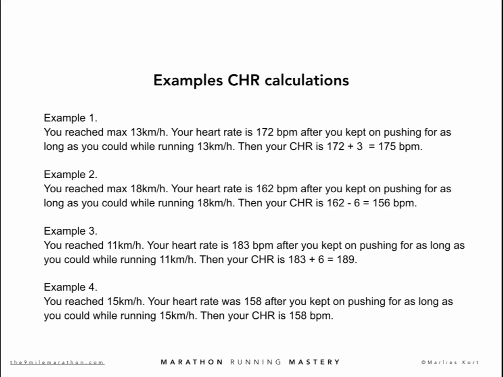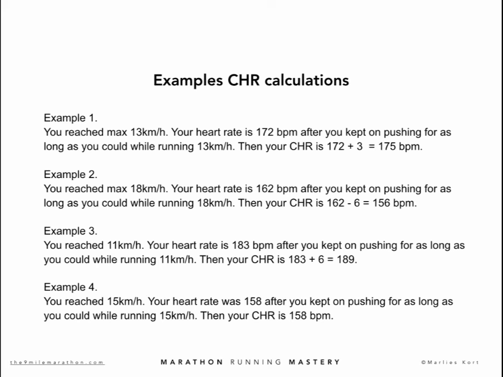Let me give you a couple of examples on how to correct your CHR. Example 1. You reached max 13 kilometers per hour. Your heart rate is 172 BPM after you kept on pushing for as long as you could while running 13 kilometers per hour. Then your CHR is 172 plus 3 is 175 BPM.